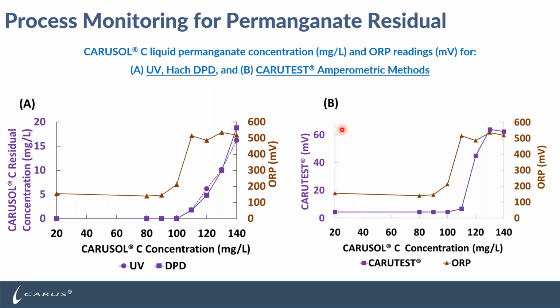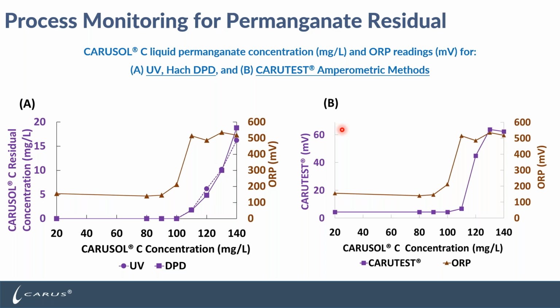So we looked at several methods to track permanganate residual in the process. These included oxidation reduction potential, ORP, UV-vis testing for a direct read of that characteristic pink color, DPD free chlorine testing, which can also be used to measure permanganate, and our own Carus carrier test amperometric cell testing.